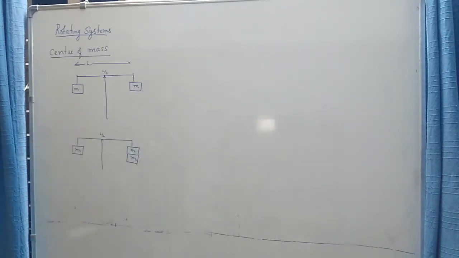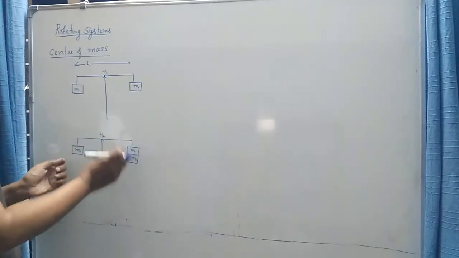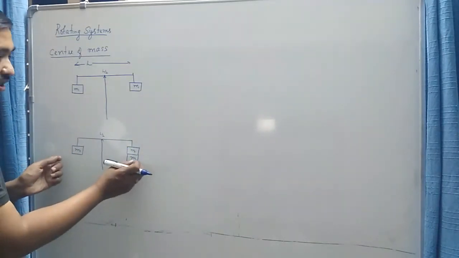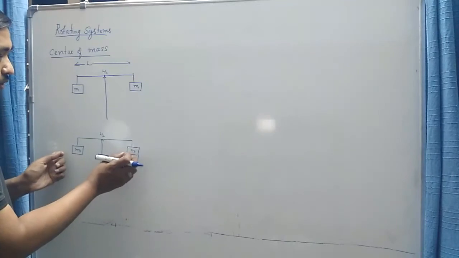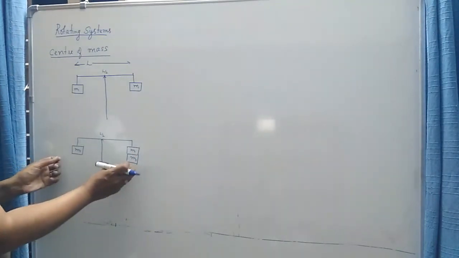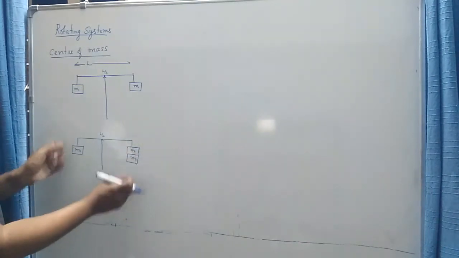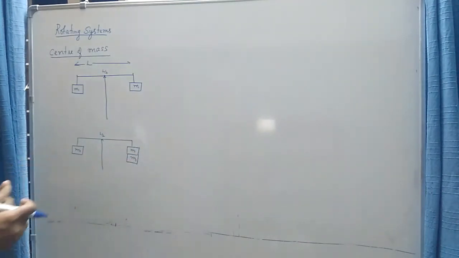It will be imbalanced, and it will tilt towards the end where you have the heavier mass. So in this case the entire system will tilt towards the right where you have more mass.